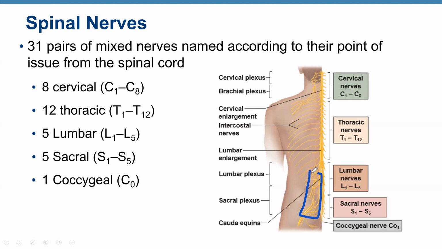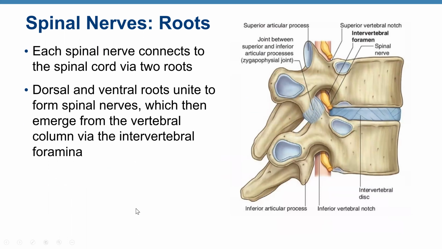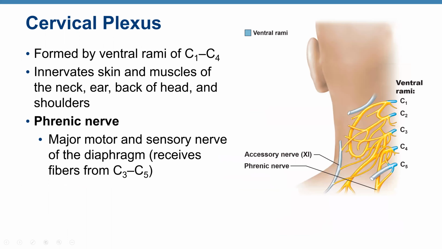We have a network of nerves. Those are called plexuses. Now, why do we have those plexuses? Because this is where we have more muscles, muscles of the neck, arms, and legs. If you have more muscles, you need more nerves to innervate them. That's why we form plexuses.